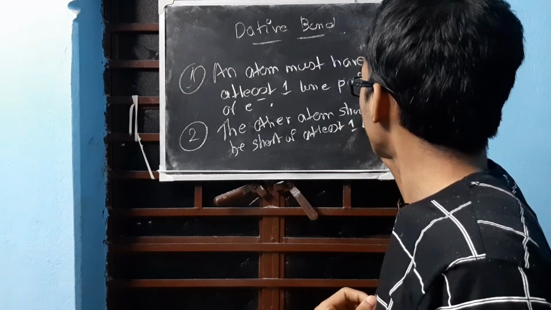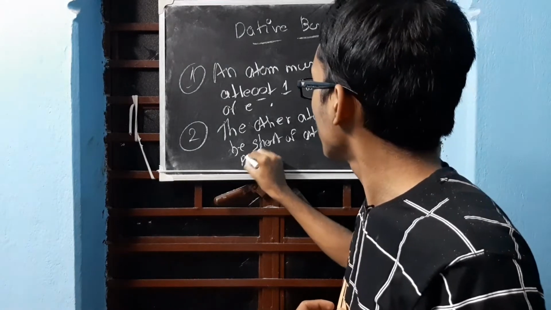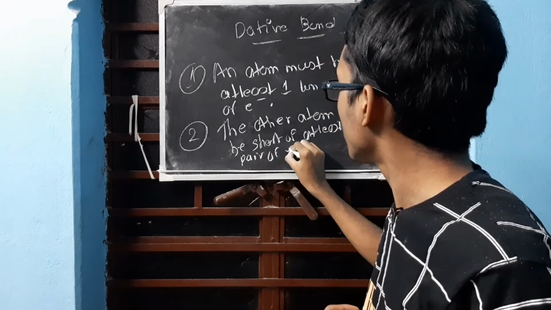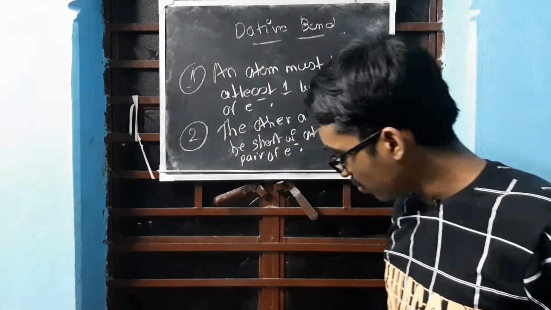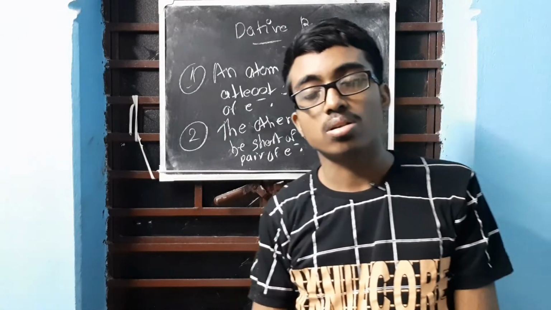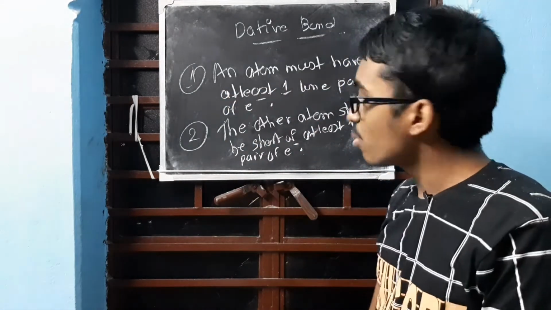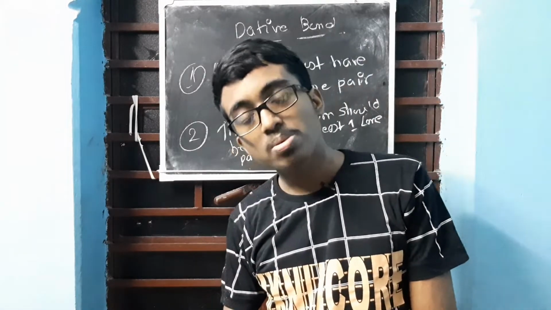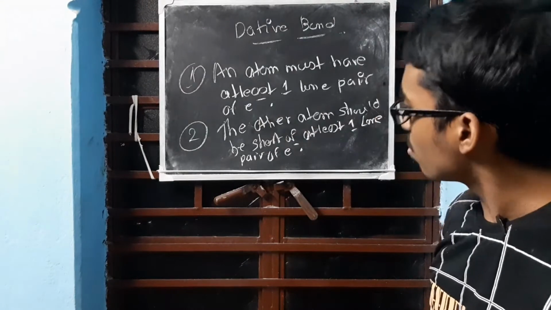So these are the two conditions that you have to satisfy for forming a coordinate bond, dative bond. An atom must have at least one lone pair of electrons and the other atom must be short of at least one lone pair of electrons. Otherwise, a dative bond won't form.